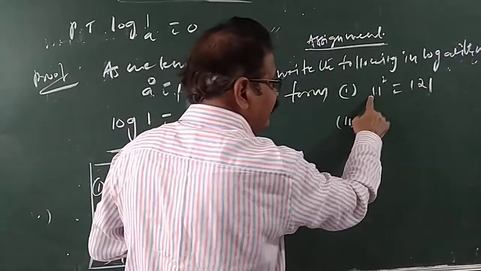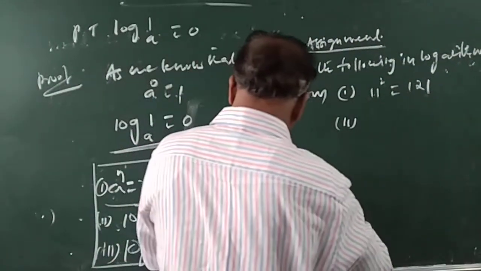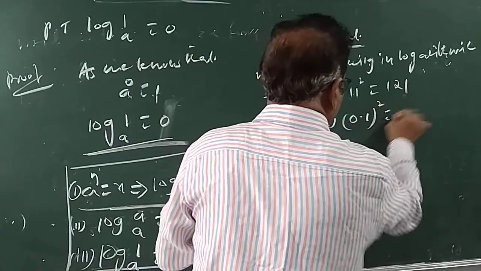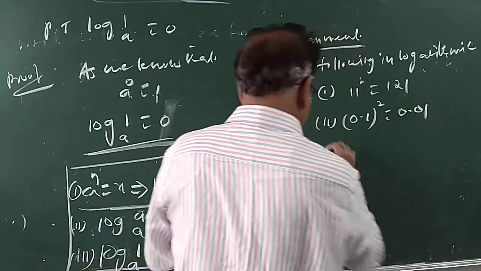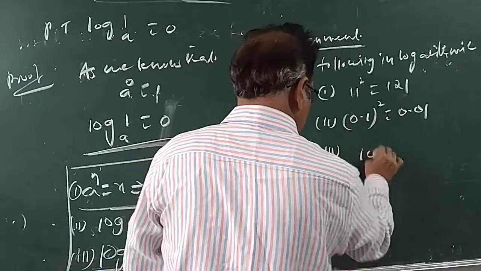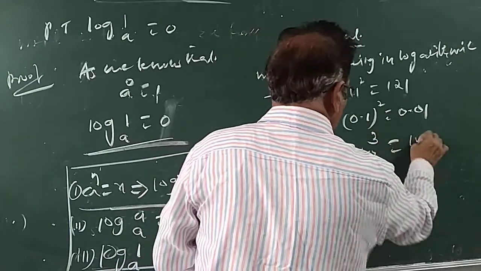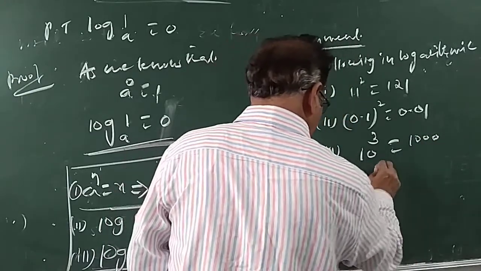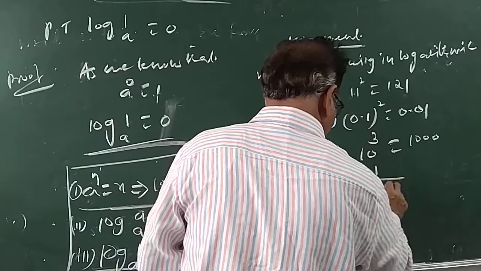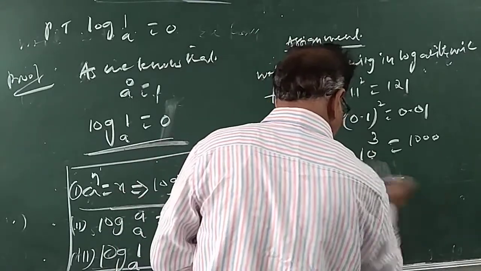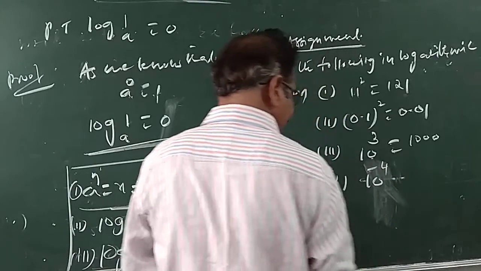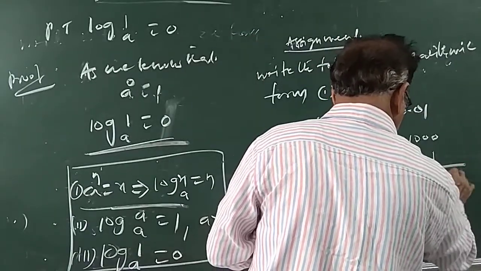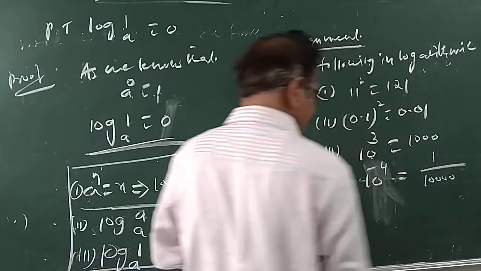Log 121 base 11 is equal to 2. Like that you do all these problems. Second, 0.1 square is equal to 0.01. Third, 10 cube is equal to 1000. Fourth, 10 to the power of minus 4 is equal to 1 by 10,000.